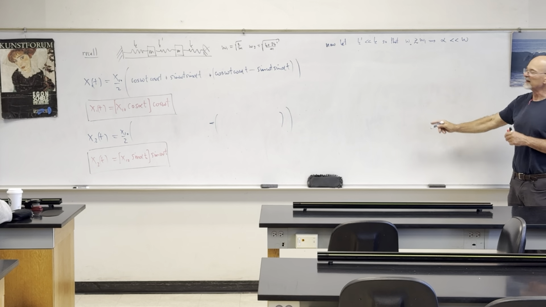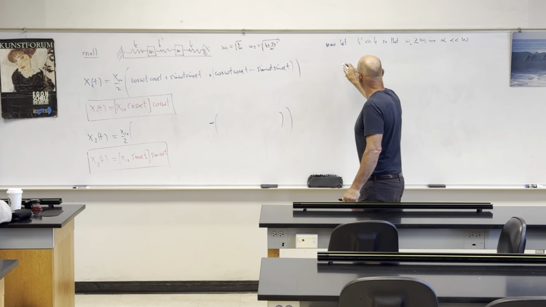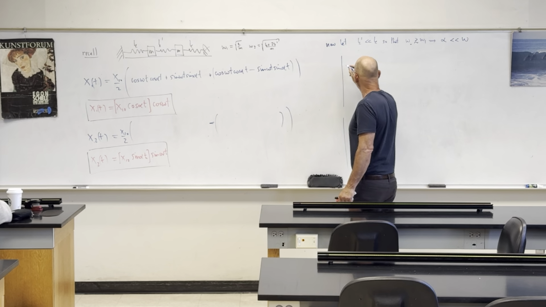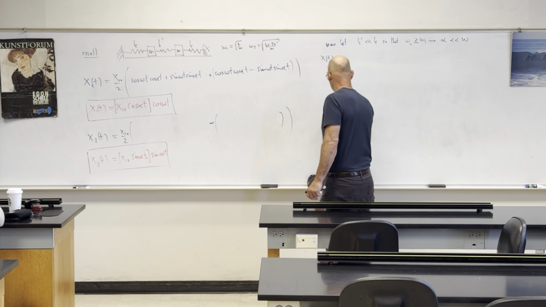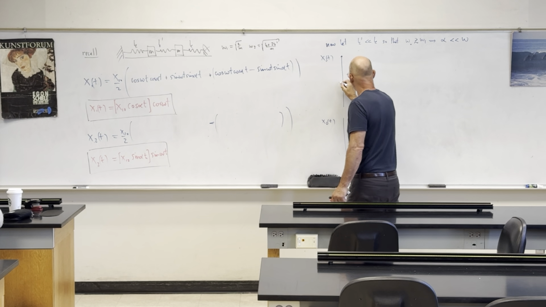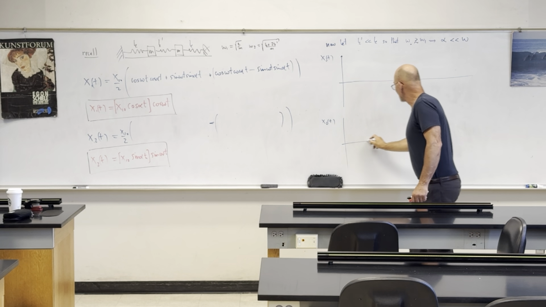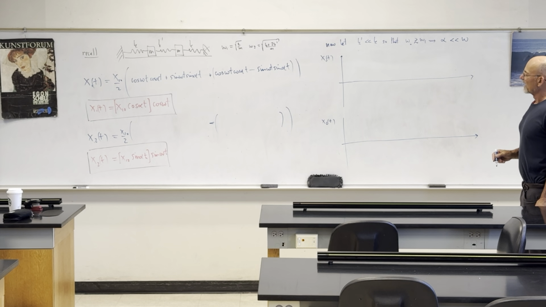That's off of the number line, okay? Alpha is much less than omega. So we're going to do a careful graphing. We're going to stack these. This is going to be x1 of t. This is going to be x2 of t. We're going to stack these graphs carefully.